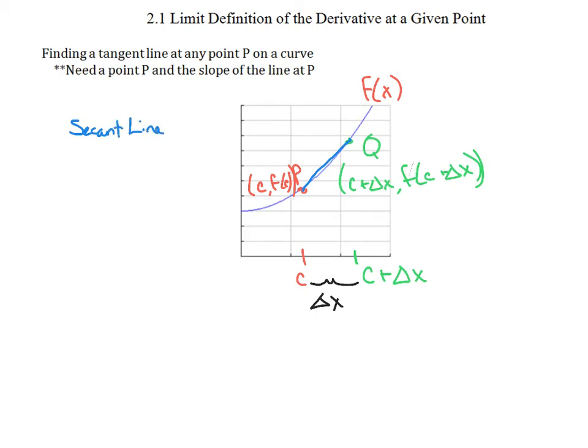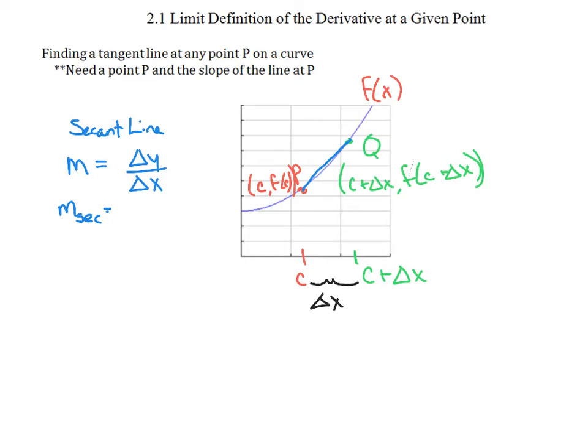So in order to find the slope of that secant line, I'm going to use my slope formula. So remember that slope is just equal to the change in the y-coordinates divided by the change in the x-coordinates. Rise over run. So in order to do this slope of the secant line, and I'm even going to designate it as m with a little subscript of sec standing for secant line, I'm going to go from Q back to P. So I'm going to say, let's take the difference in the y-coordinates.